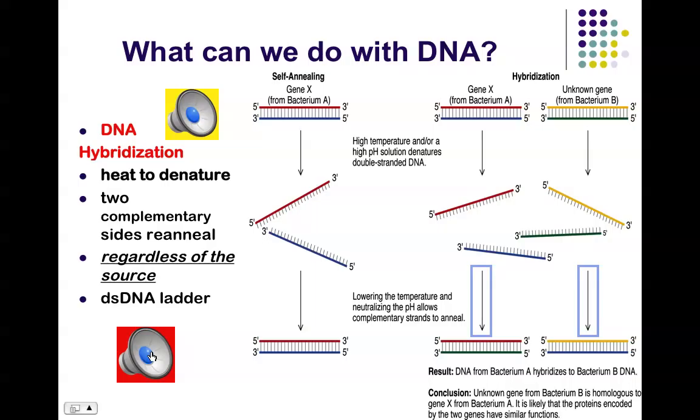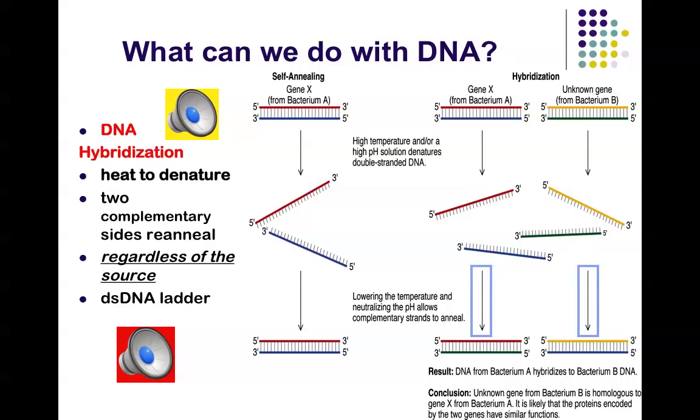Now, if we've taken two pieces of single-stranded DNA, they could be from the same source or from a different source, but they're pieces that are single-stranded, and we allow them to anneal to form new double-stranded DNA. That process is called DNA hybridization. When we talk about a hybrid, we're talking about a product from two different starting materials.